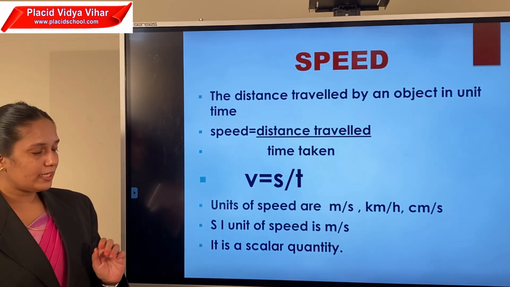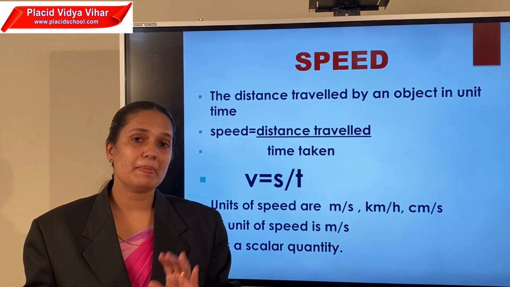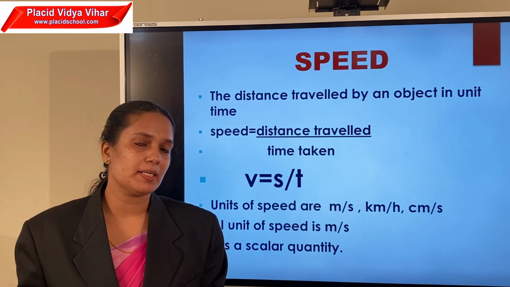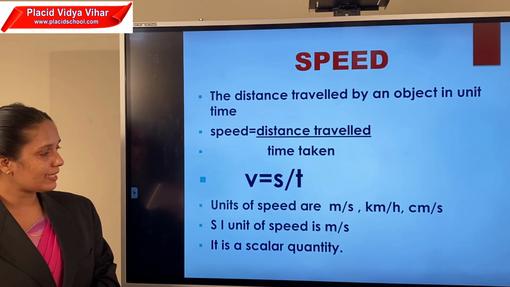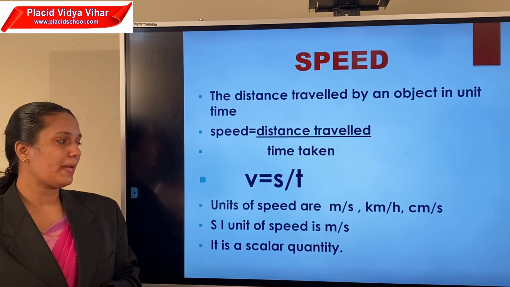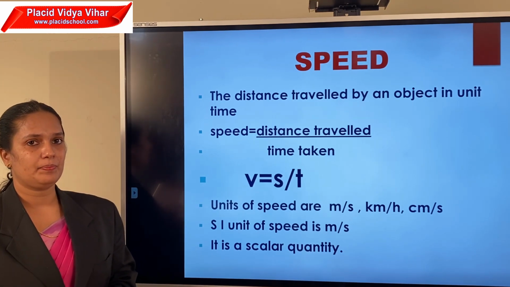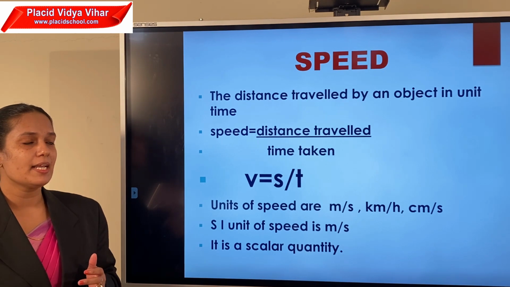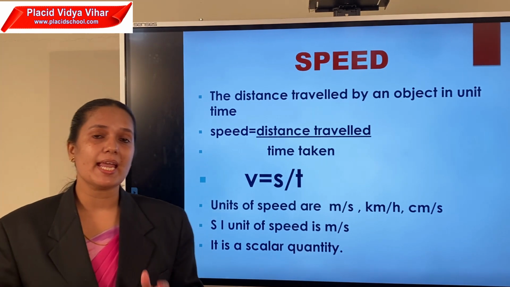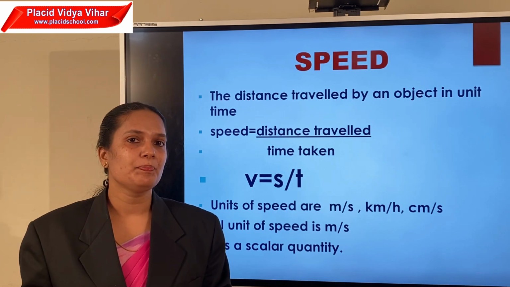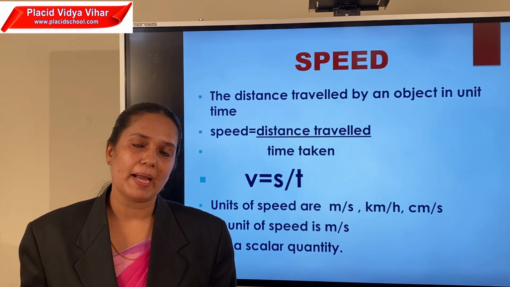Then the units of speed are meter per second, kilometer per hour, then centimeter per second. In this, the SI unit of speed is meter per second. Then higher unit of speed is kilometer per hour. Speed is a scalar quantity because it has only magnitude.